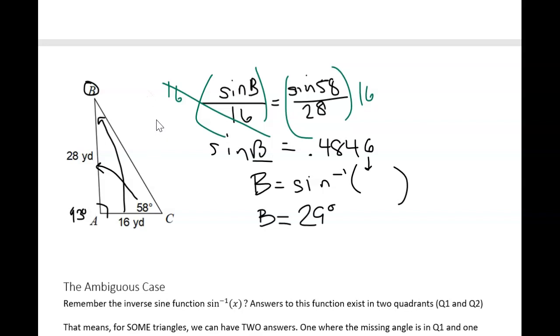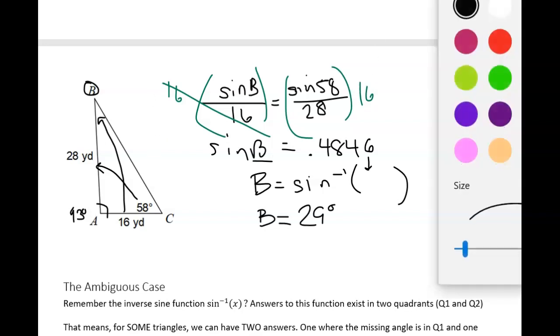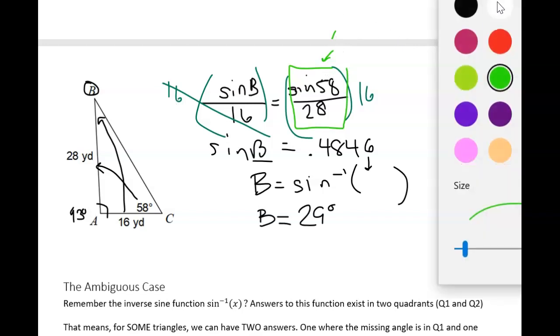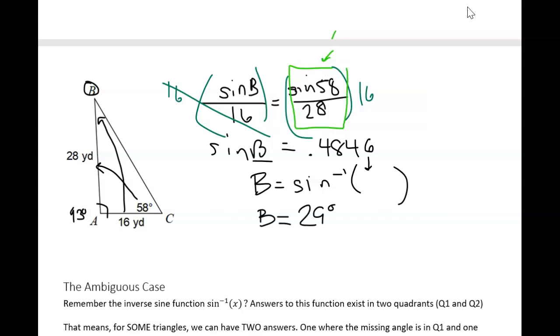We need to set up one more sine ratio. I'm going to refer back to the first ratio we used in the last problem. This didn't have any rounding, right? This was given to us. So this is the preferred ratio to use to solve all problems. Since now I'm solving for side A, I'm going to put A in the top left corner.